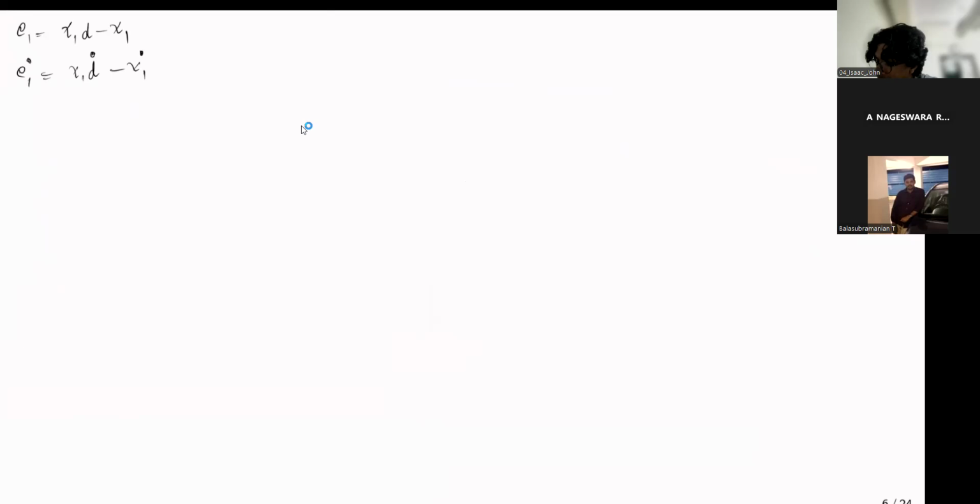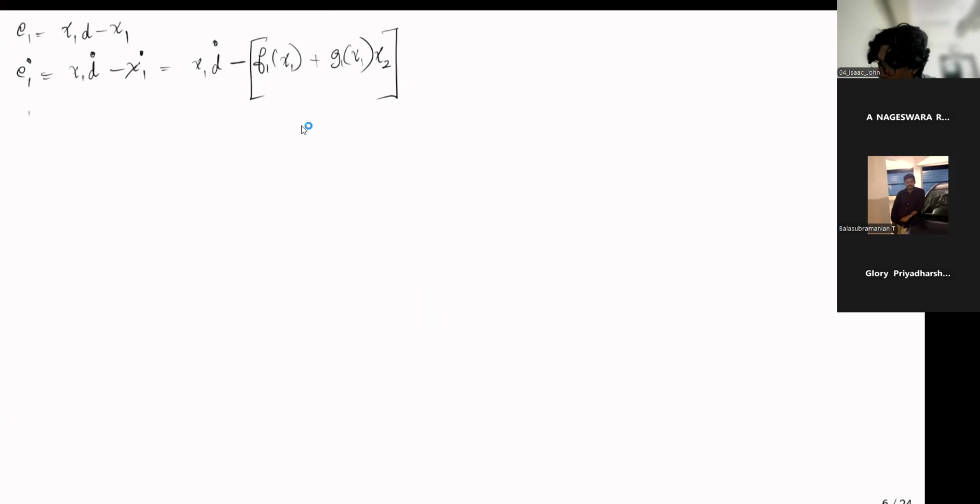So we know what this x1 dot is. This is nothing but x1 desired dot minus f1 of x1 plus g1 of x1 multiplied by x2.